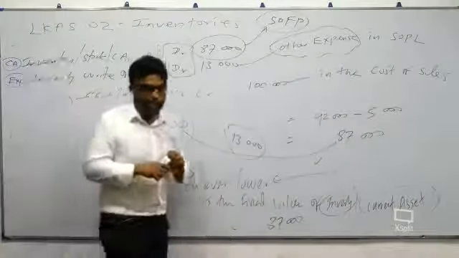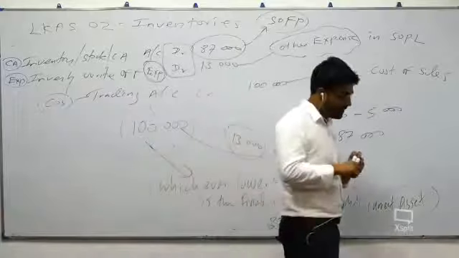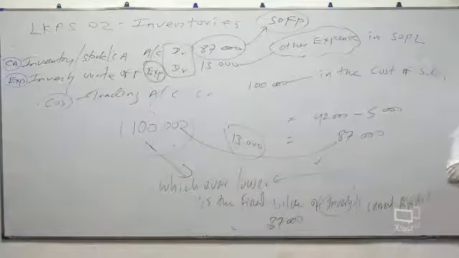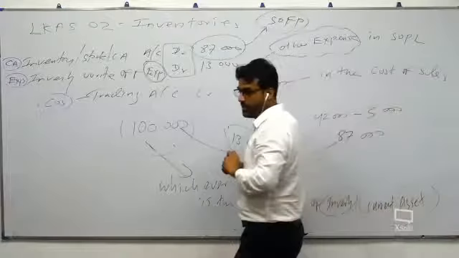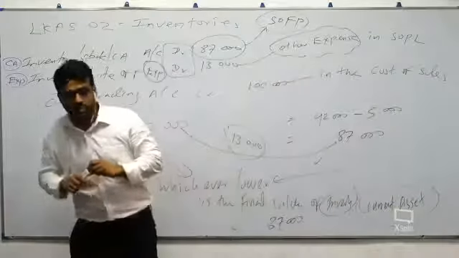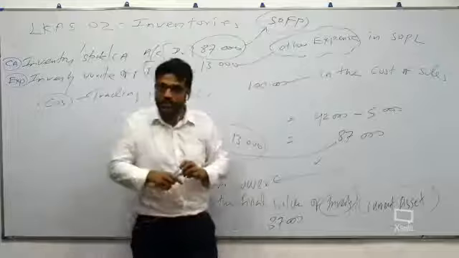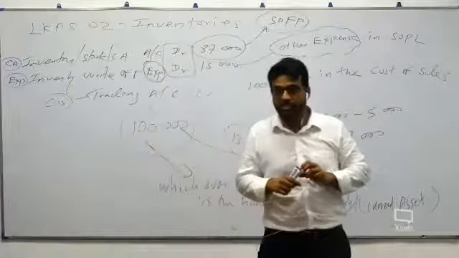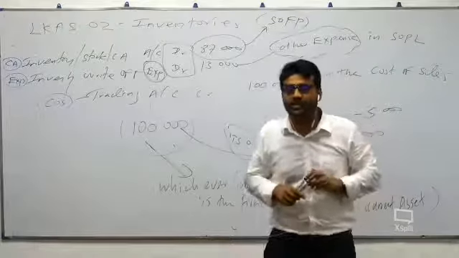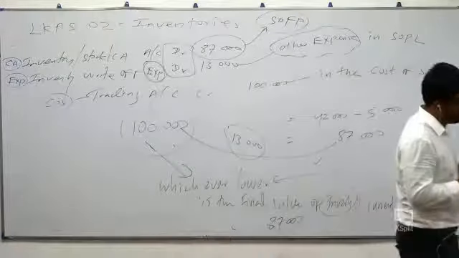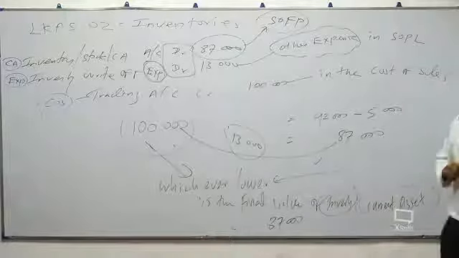It's a future loss, but you record it immediately in the current year's financial statement. That loss should be recorded under other expenses in the statement of profit or loss.